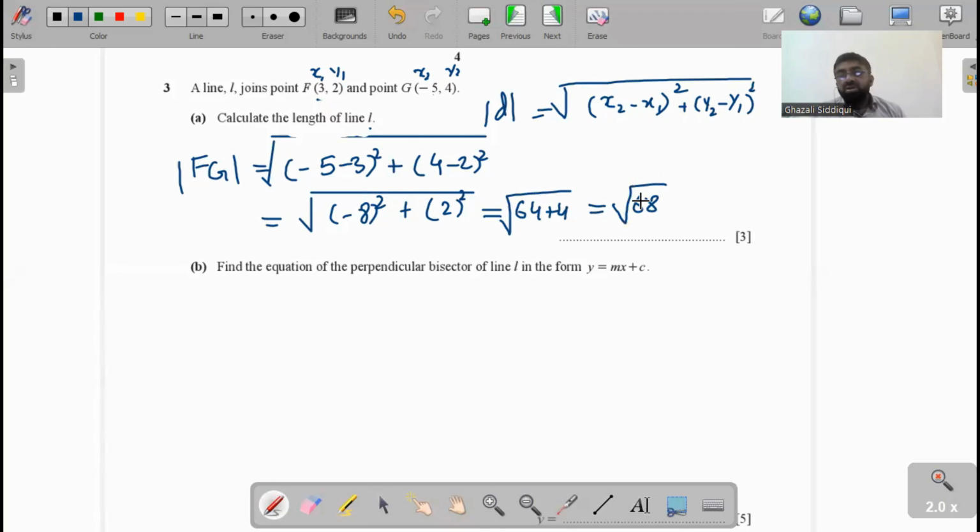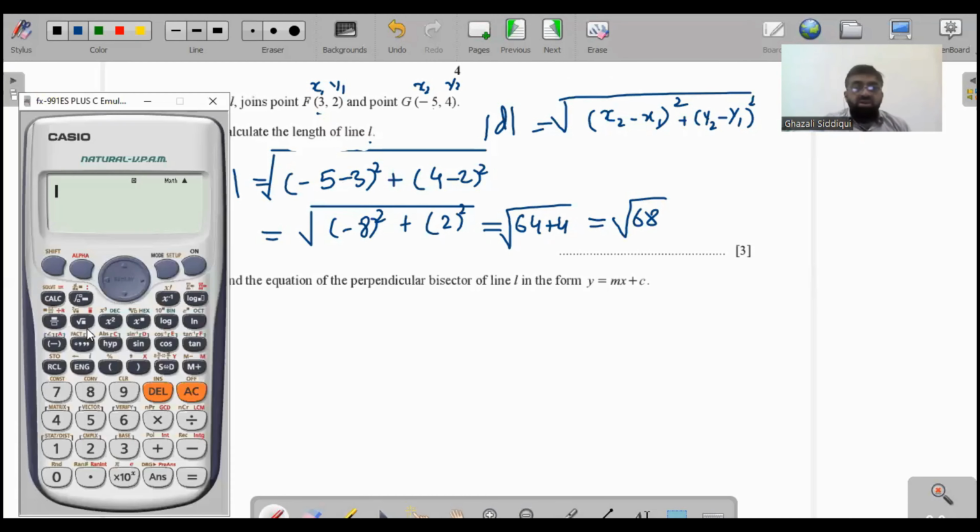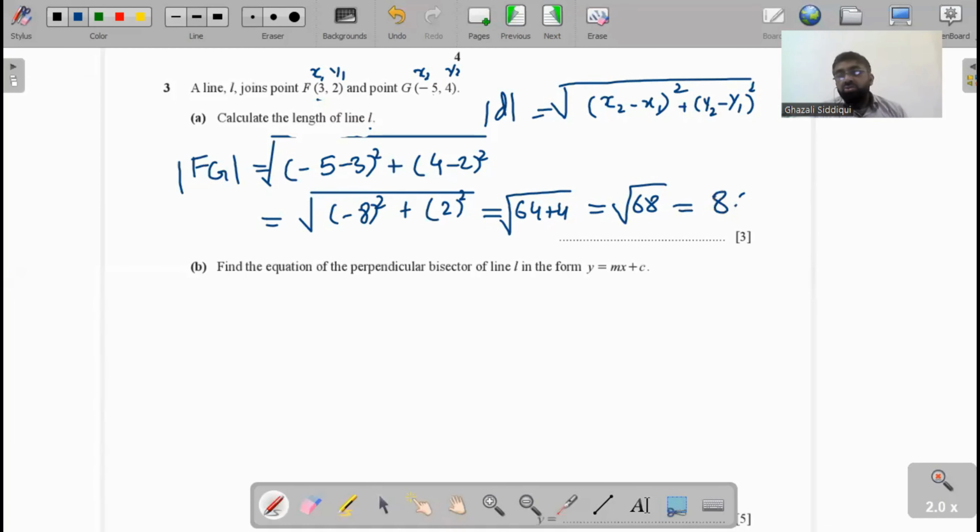Square root of 68, we calculate it, that's equal to 8.246. Now to 3 significant figures, it would be 8.25.